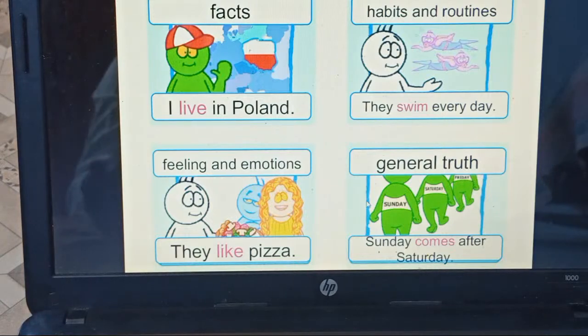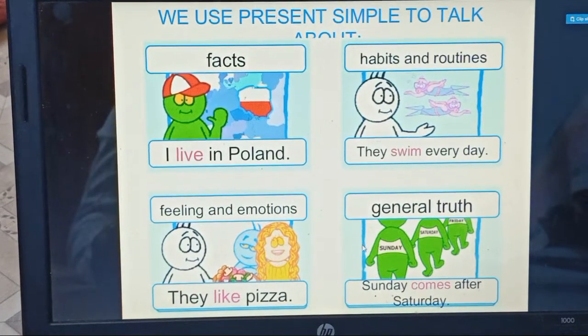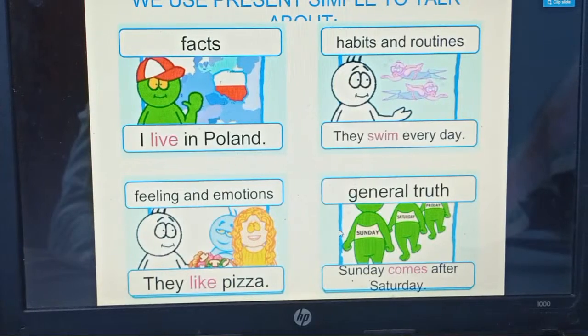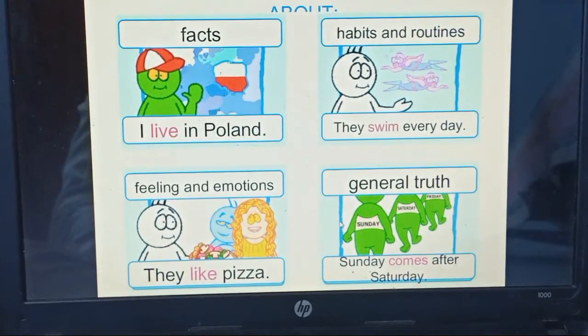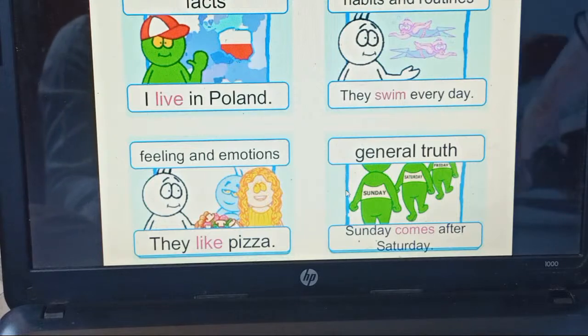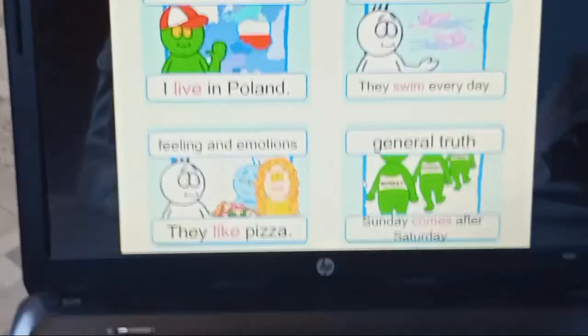When you're talking about habits and routine, then you need to say, you guys, they swim every day. Okay, general truth. Sunday comes after Saturday. So this is a general truth.